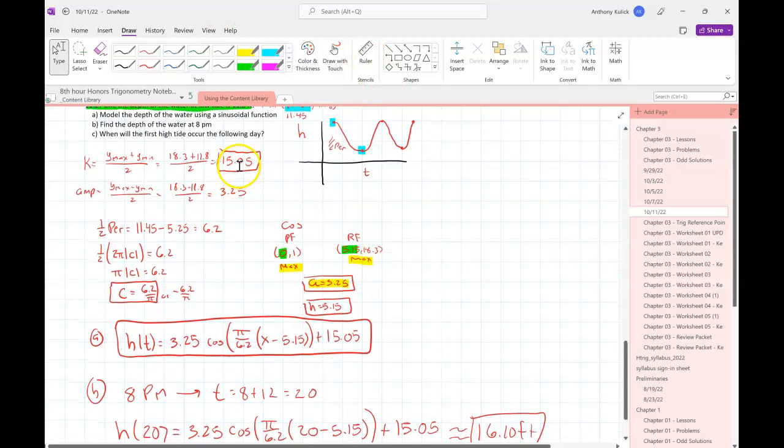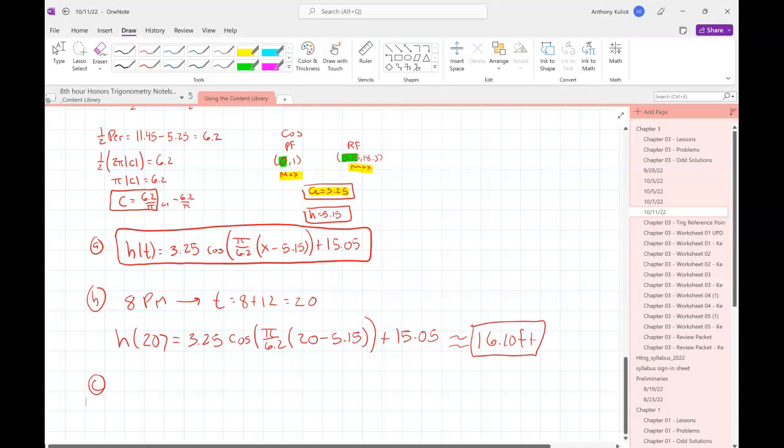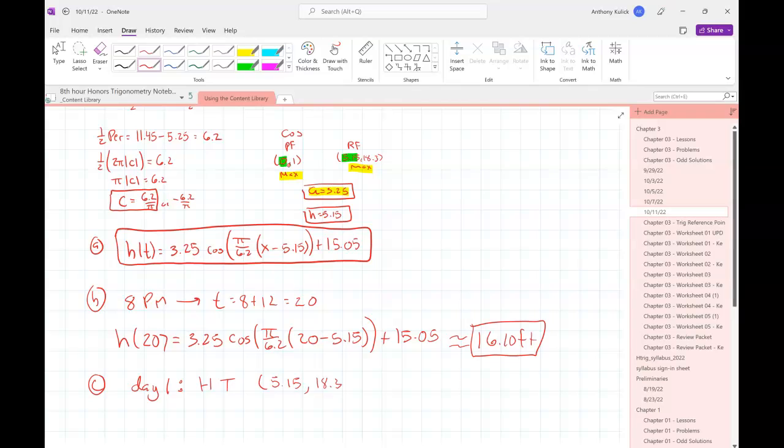And then C says, when will the first high tide occur on the following day? Okay. So day 1, we have high tide occurs at 5.25, 18.3. I'll say high tide number 1. When will the next high tide be?